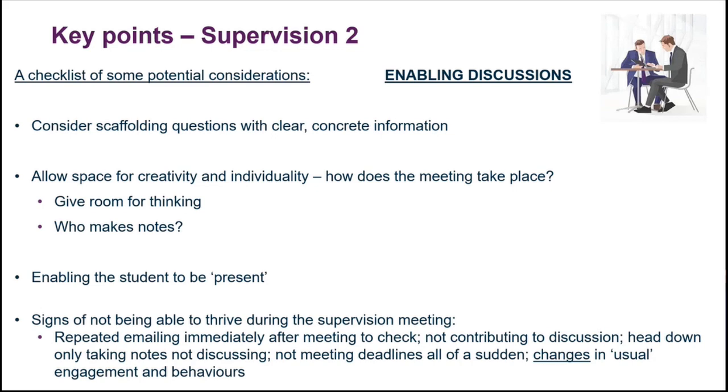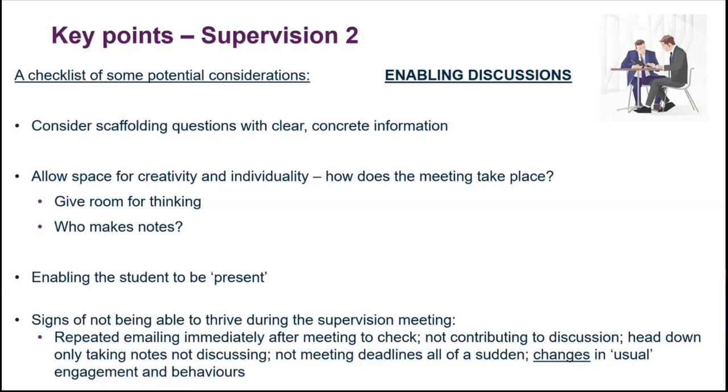And some indicators that this might not be the case for a student could be lots of questions by email, very quickly after a supervisory meeting, that indicate that, oh, that's not what I thought we discussed. Maybe we're not on the same page, or missing key things that were discussed in the supervision meeting.